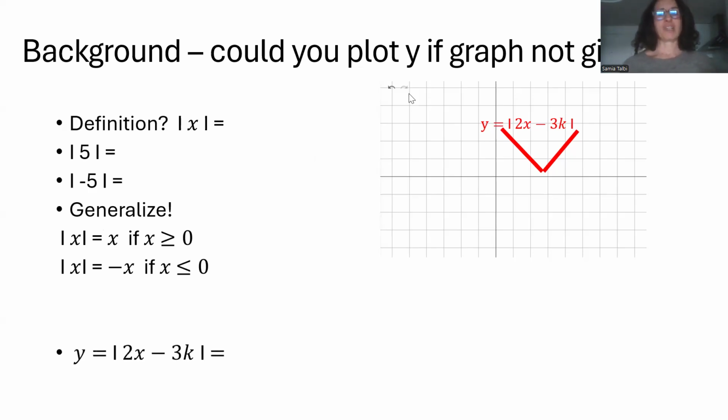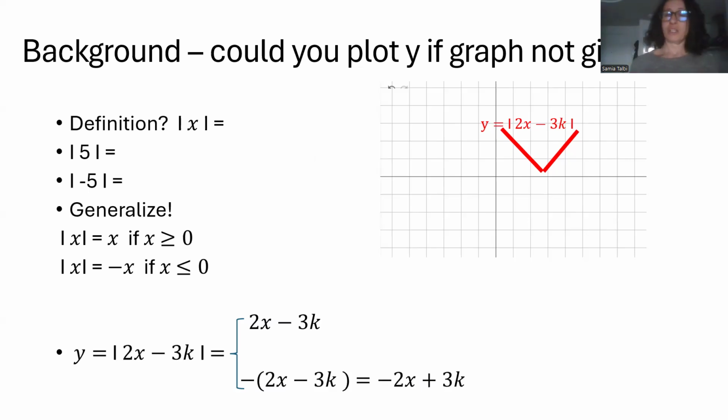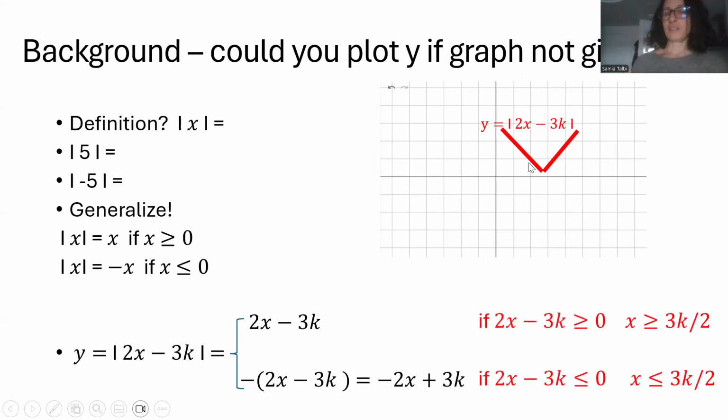So of course, in this case, if we're having the modulus of 2x minus 3k, there'll be two cases. Either it will be the same value, 2x minus 3k, or it will be minus the argument. What will decide which it is will be the value of x with regards to k.